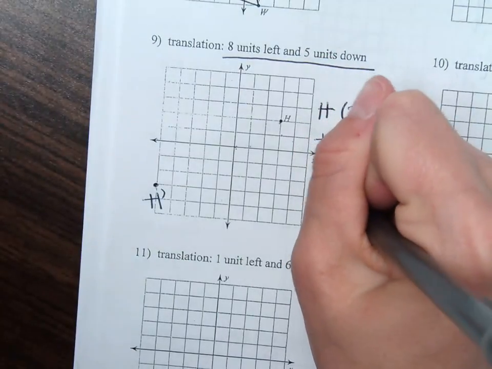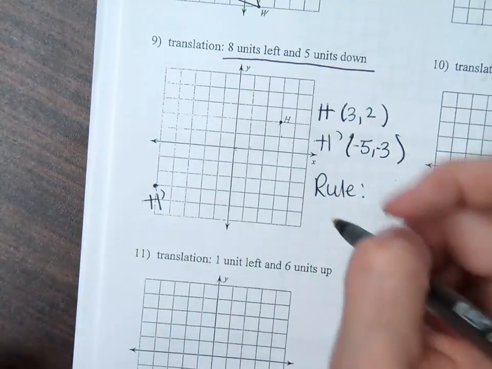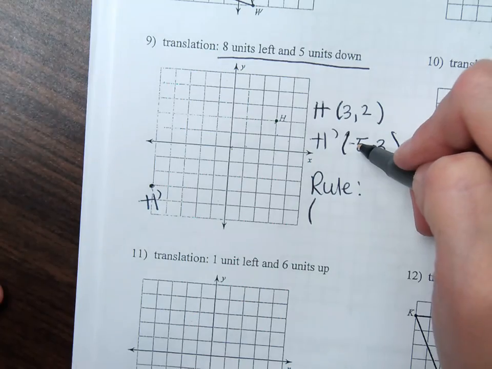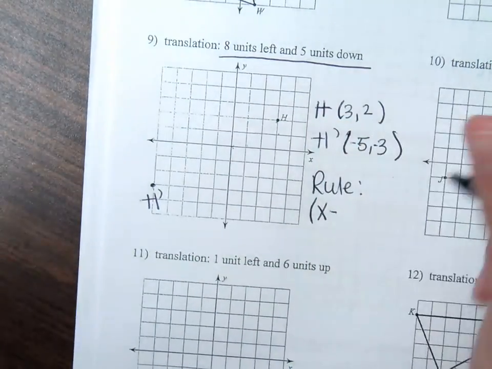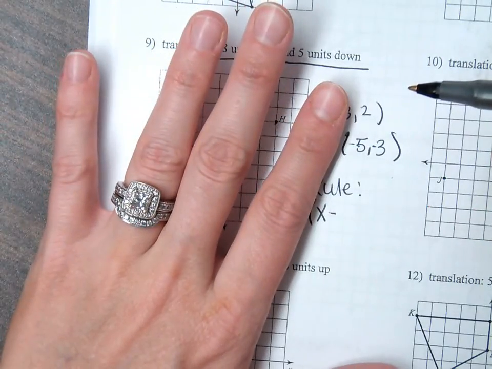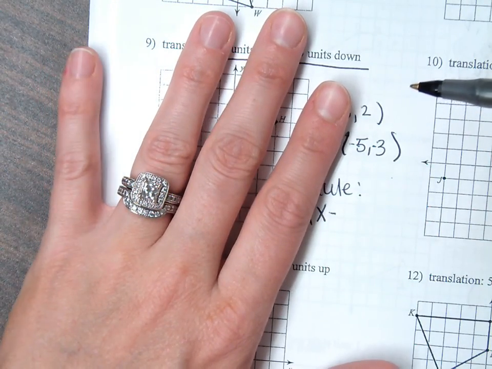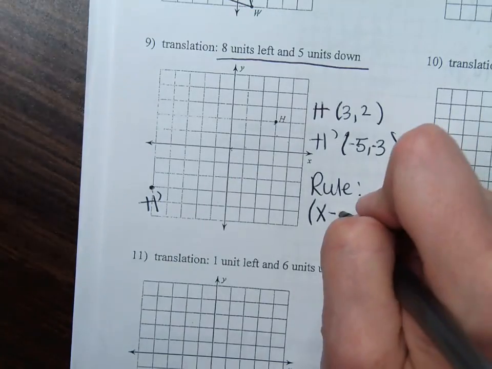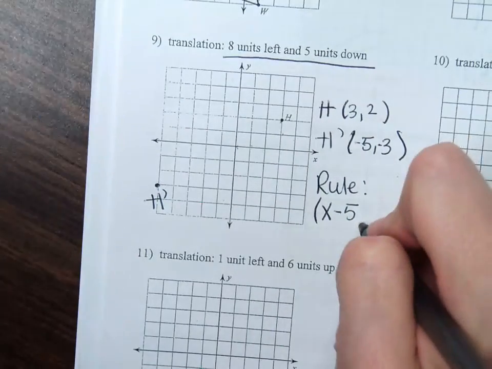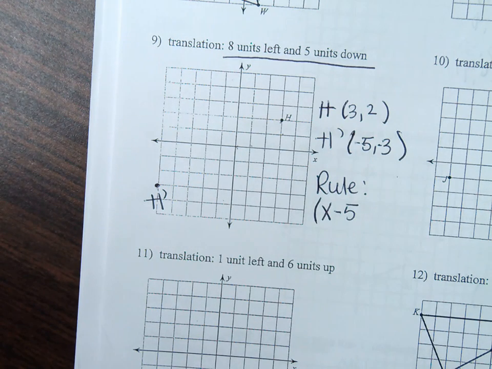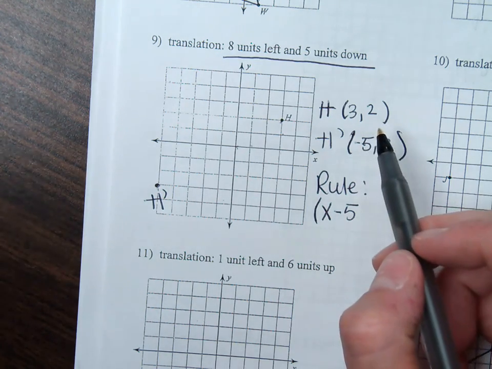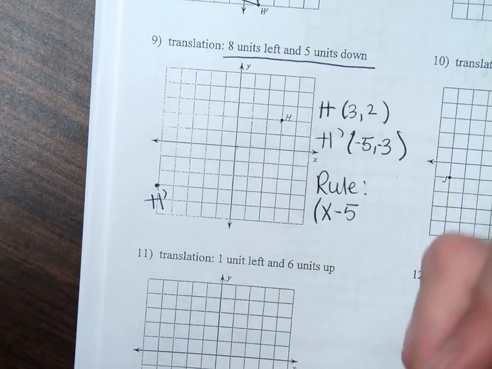So now we need to identify our rule. So 3 to negative 5. So we need to see what happens. We're going left, so we're going to subtract on the x. So we have 3, 2, 1, 0, negative 1, negative 2, negative 3, negative 4.